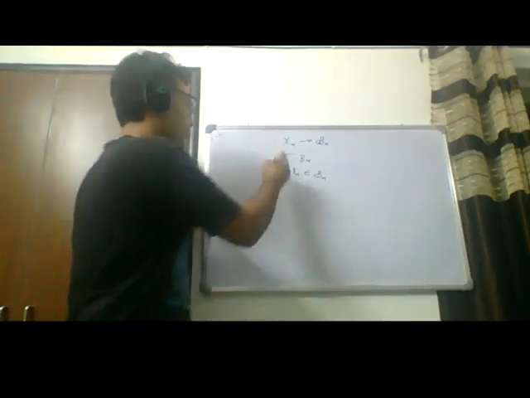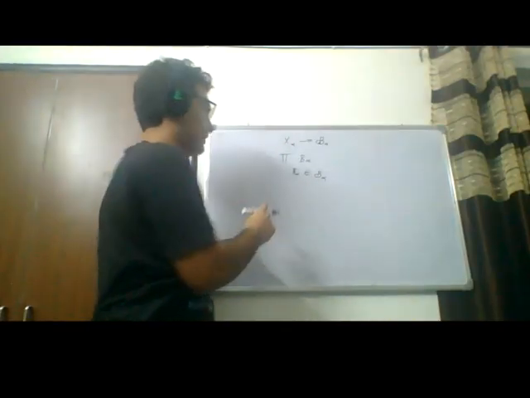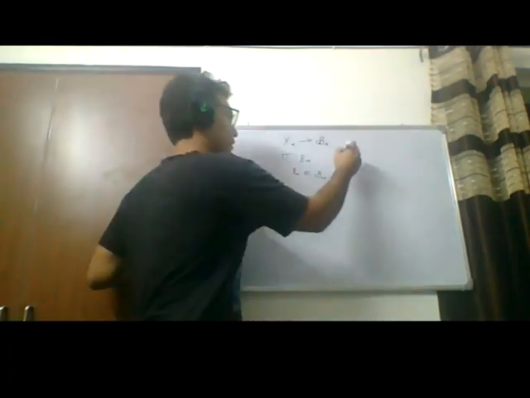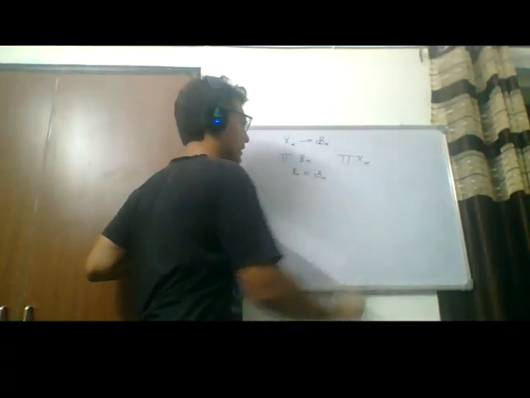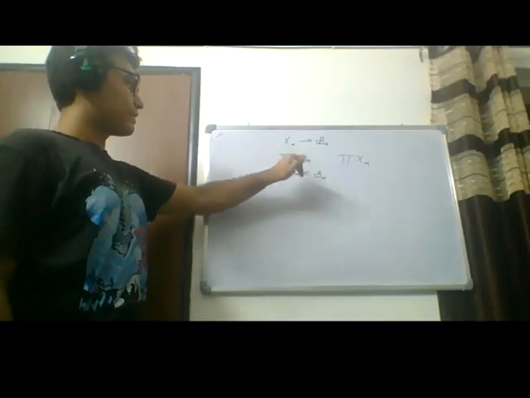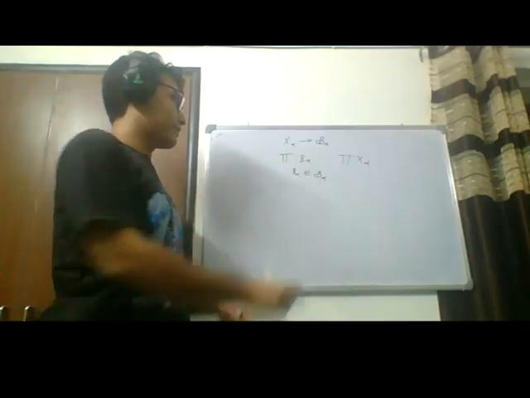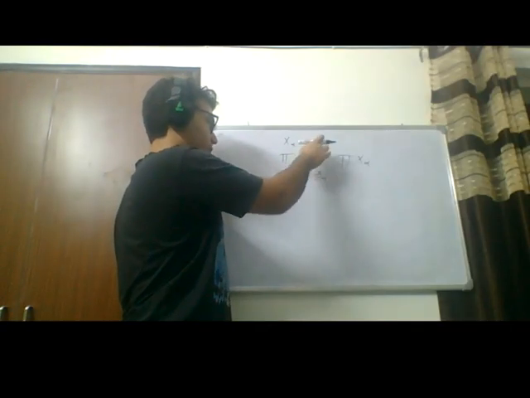So the collection of all these products is supposed to form a basis for this product, right? First of all, these are a collection of open sets because the basis is always a collection of open sets.